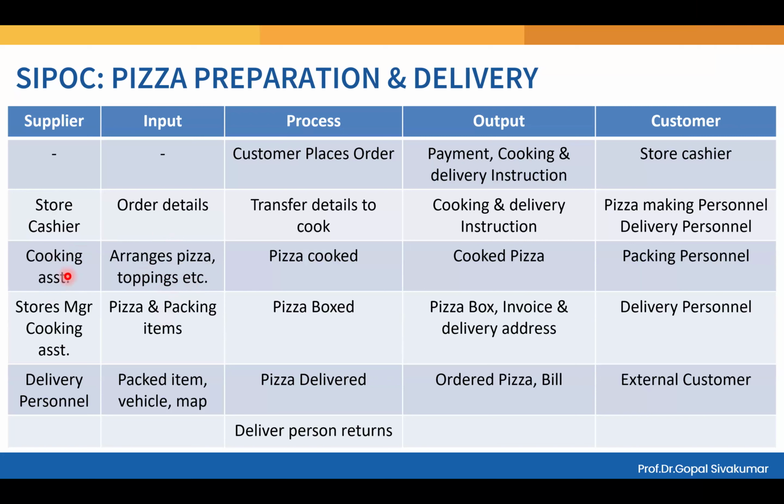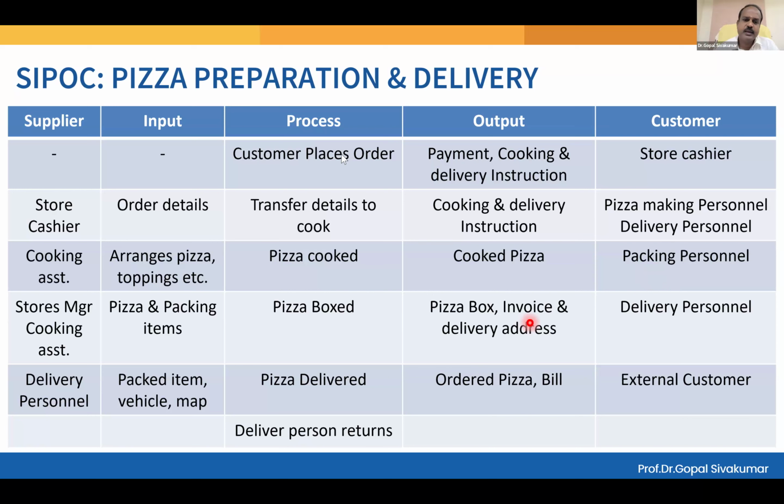So the assistant becomes the supplier. And so the pizza is getting cooked, and now the output is cooked pizza. The cooked pizza now goes to the packing person. The packing person may again be the cooking assistant, or may again be the chef himself. Am I right? In some outlets, there will be just one person doing everything.